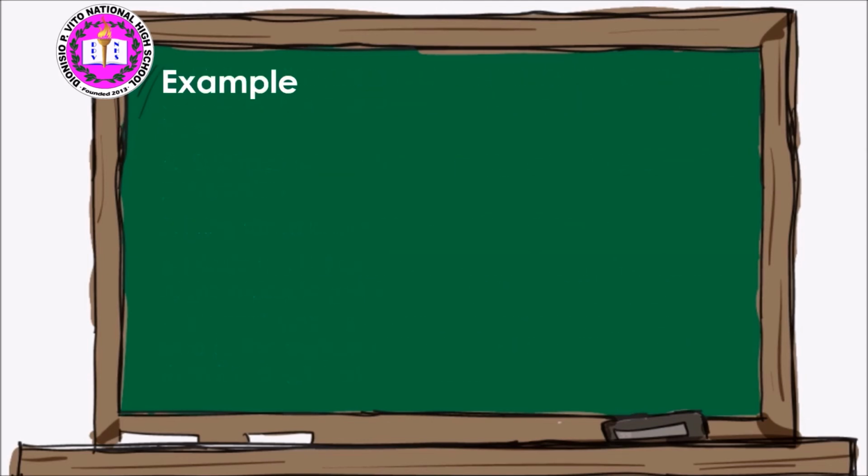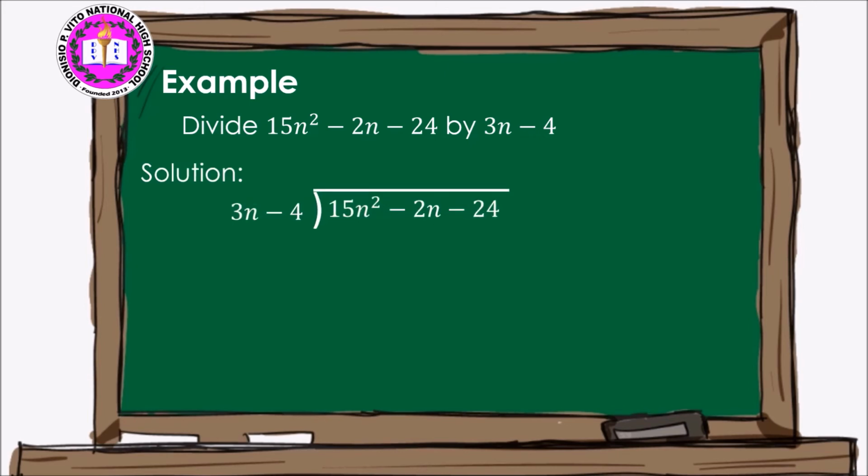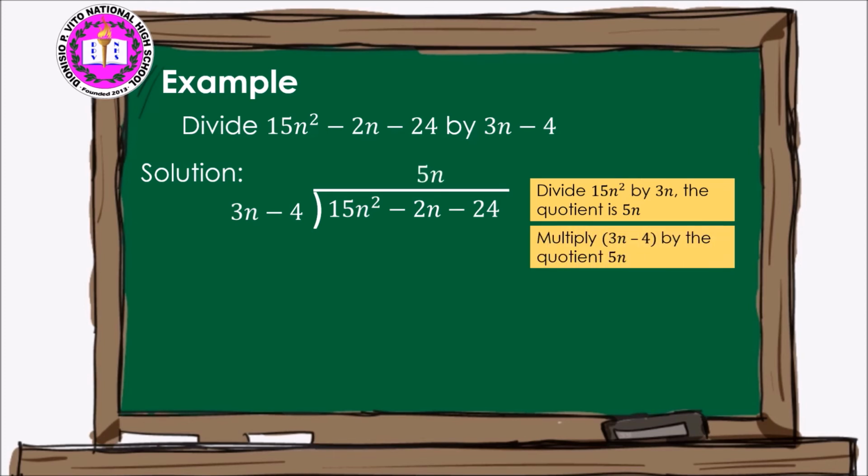Let's have the example. Divide 15n squared minus 2n minus 24 by 3n minus 4. So our solution. The first one is divide 15n squared by 3n. The quotient is 5n. Then multiply 3n minus 4 by the quotient 5n.